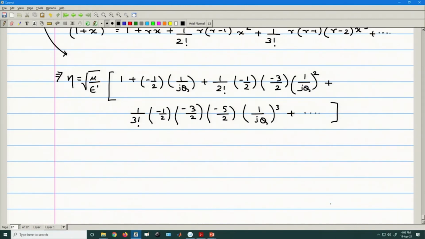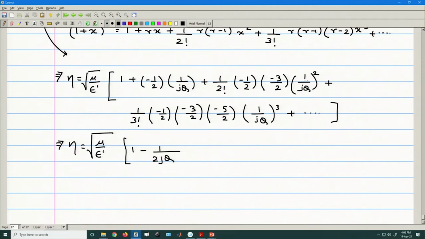Now simplifying we will get eta as mu upon epsilon prime, we will have this as 1 minus 1 upon 2 jq. Fine, and this is 2 factorial, 2 to 4, 4 to the 8, so 3 by 8.